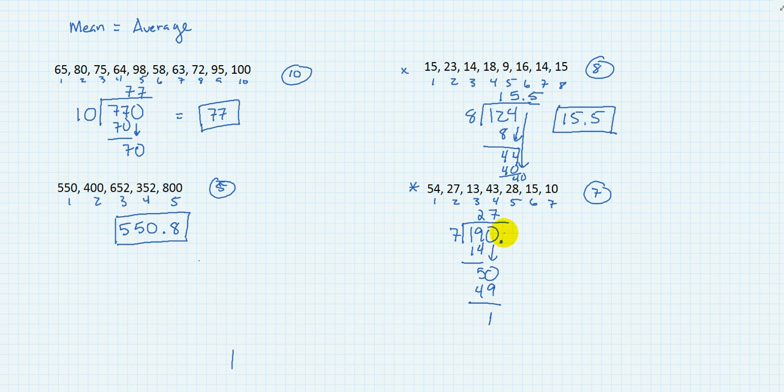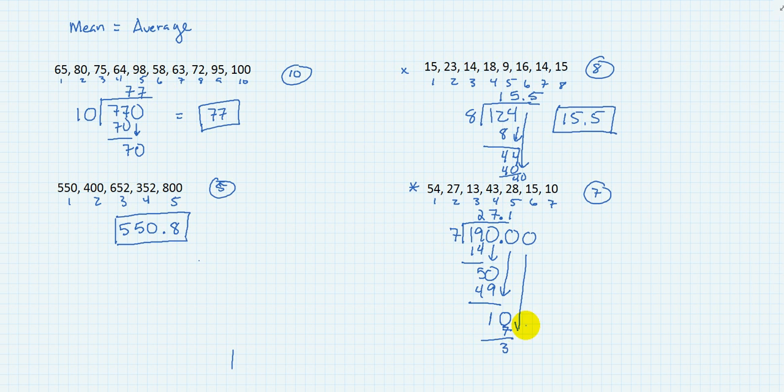We'll go ahead and put a decimal point here, which means we have 1 there. We have another 0 to figure out what we have now. Could be 27 with a remainder of 1. But when you're doing averages, you typically do it in decimals. 7 goes into 10 1 time. We got another 0 there to bring down.